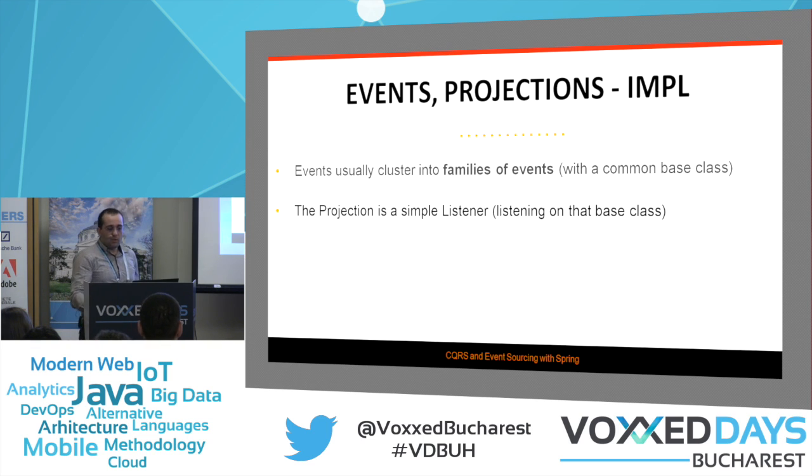Also on the Spring track, if you are implementing things like core Spring, the projection becomes a simple listener of those events. So you can basically hook into the core event support in Spring, which is pretty cool. Of course, you can roll your own event publishing mechanisms, or you can use things like Guava or other styles.